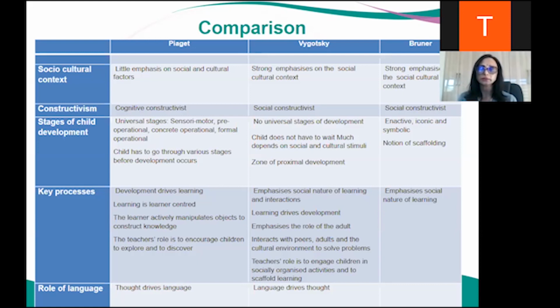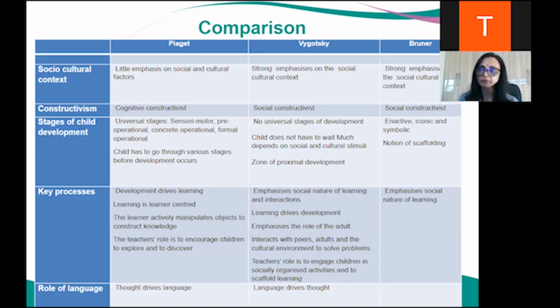Vygotsky believes that much depends on the social and cultural influences and stimuli, and there are no universal stages. He believes in the zone of proximal development. The teacher needs to understand where the child is, for example at the end of grade 1, and where the child needs to be.